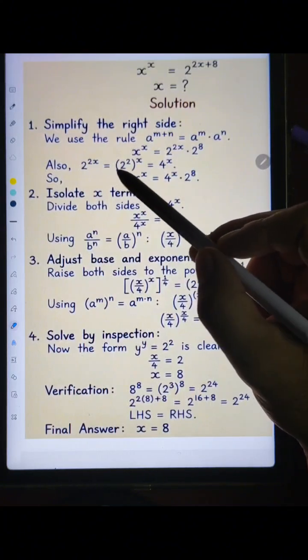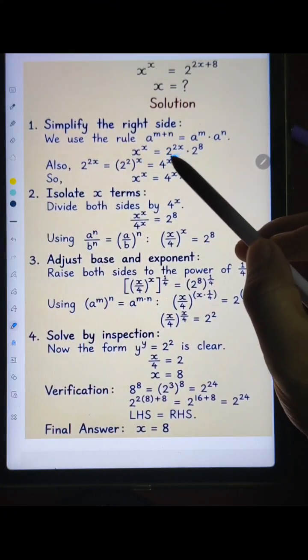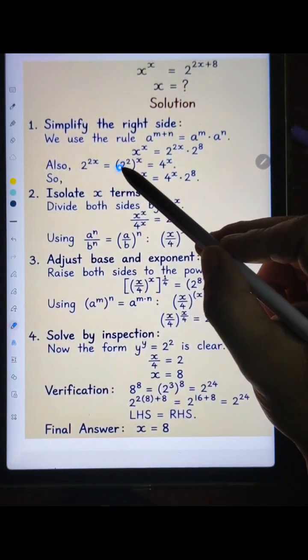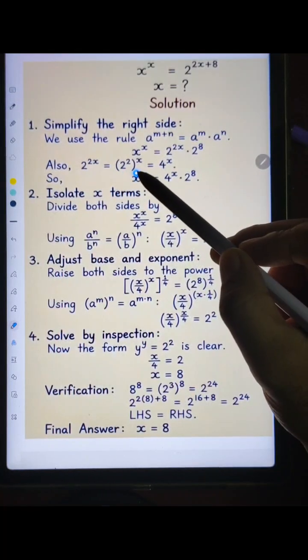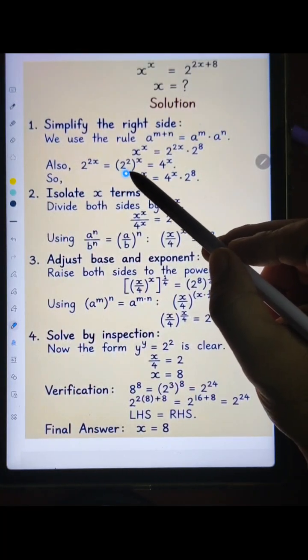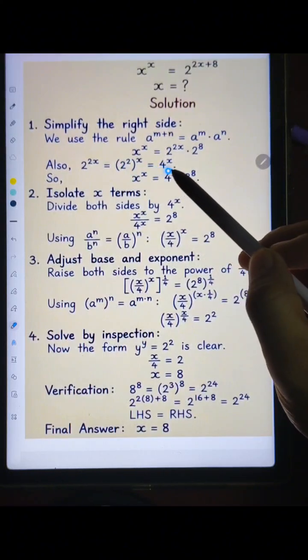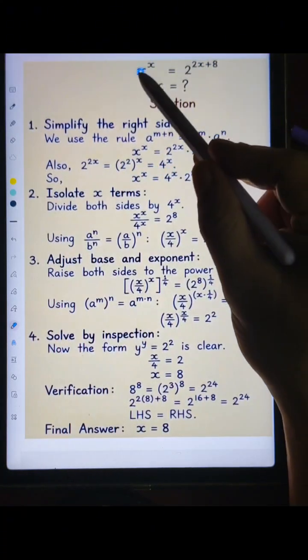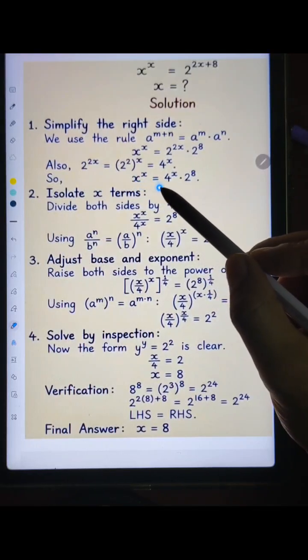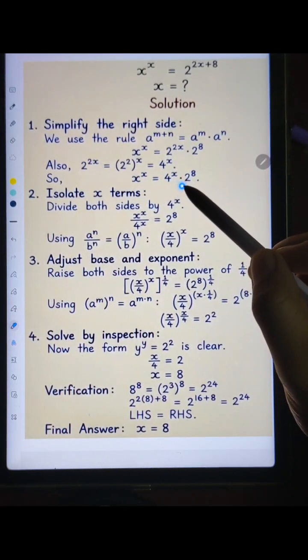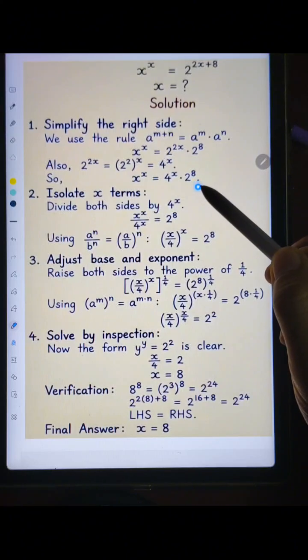Also, this 2 raised to 2x can be expressed as the quantity 2 squared raised to x. So simplifying this, we have 2 squared, which is 4, raised to x. Now, the original equation becomes x raised to x equals 4 raised to x times 2 raised to 8.